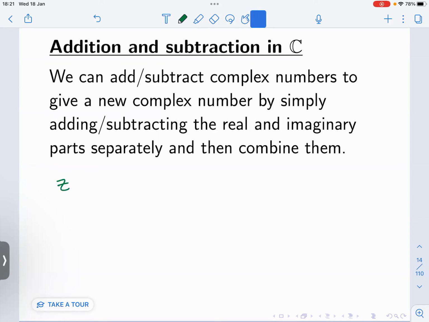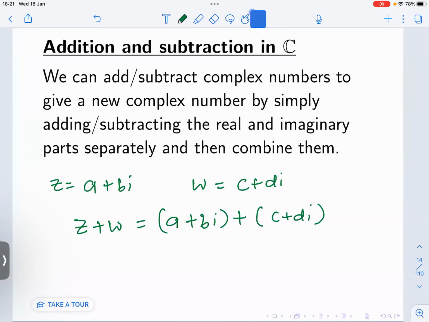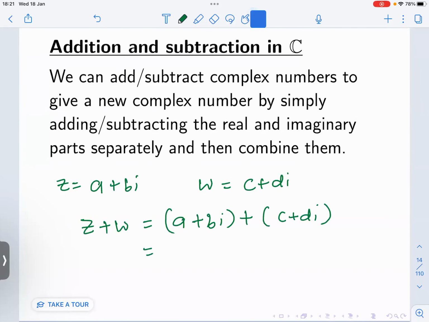For example, let's let z be the complex number defined by a + bi. And then we have another complex number w, which is given by c + di. Then z + w will be (a + bi) + (c + di). Then this, by grouping your like terms together, like we said, we will add the real and imaginary parts separately and combine them.